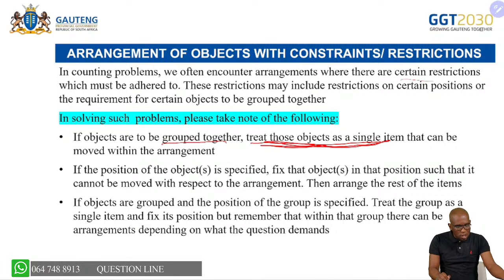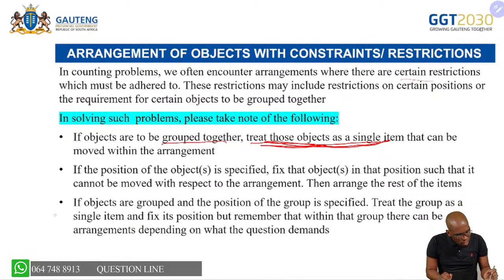If the position of the object is specified, if you are told this person must be in the first position or must be on the left-hand side, then you need to fix the position of that particular person so that person cannot be moved within the arrangement, because we are certain that that particular person should be on the left-hand side of a particular arrangement.